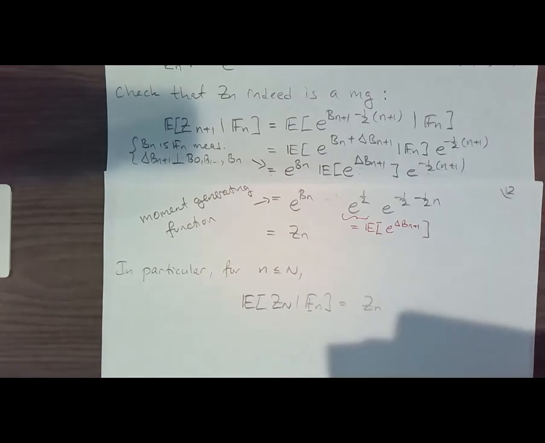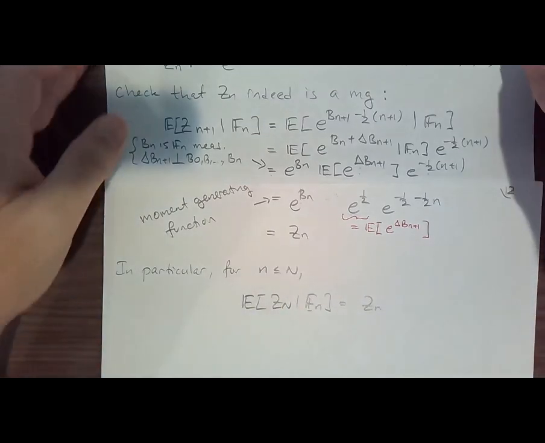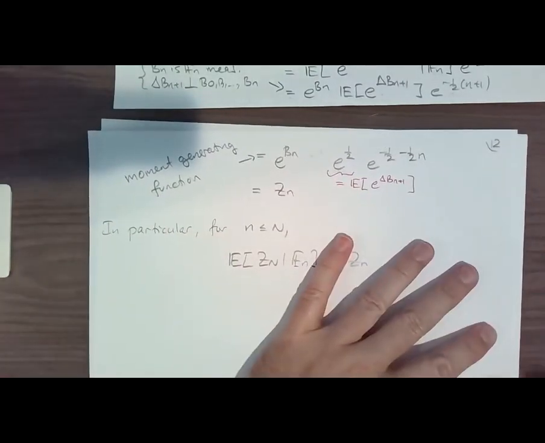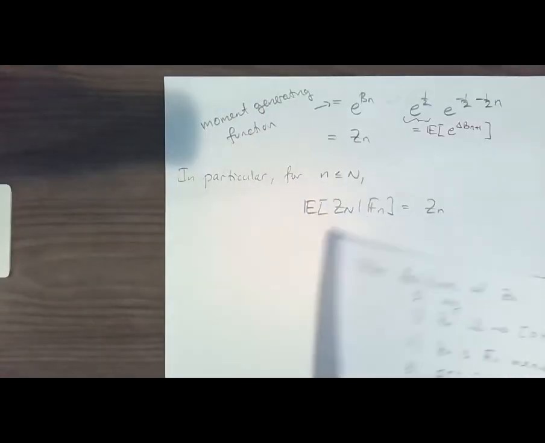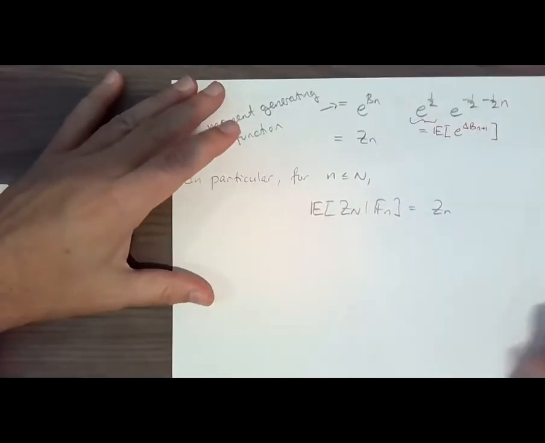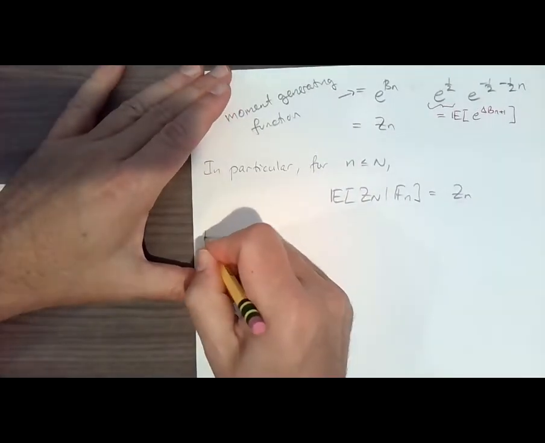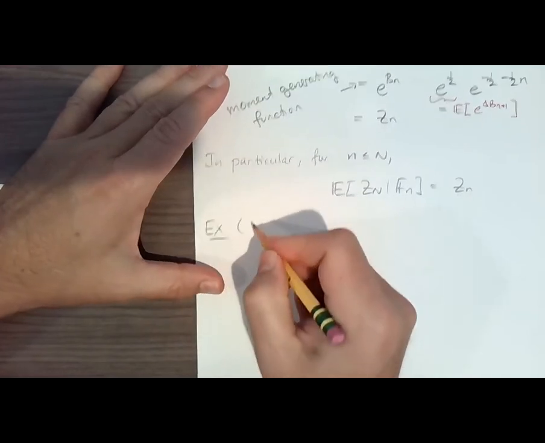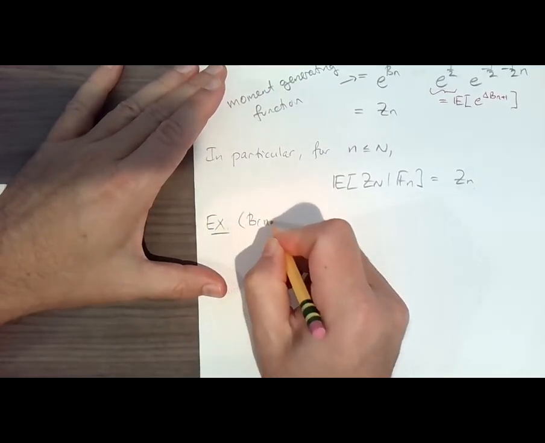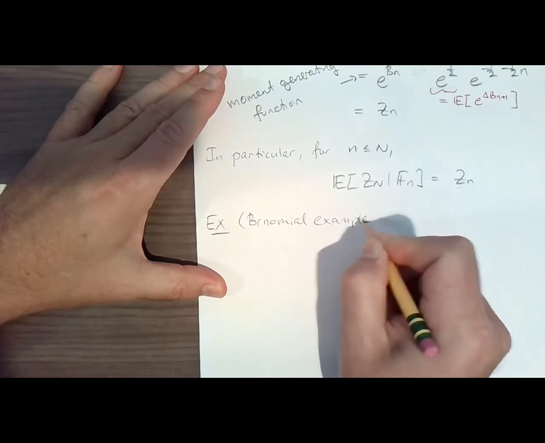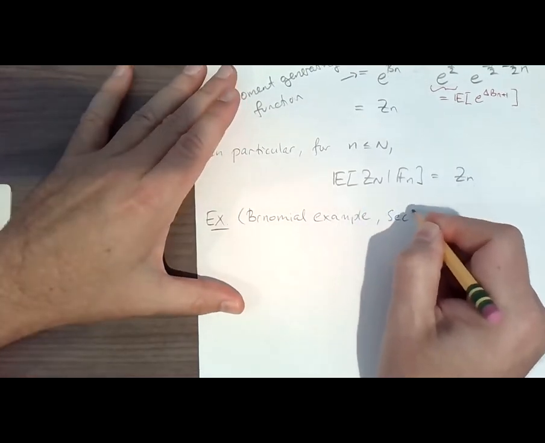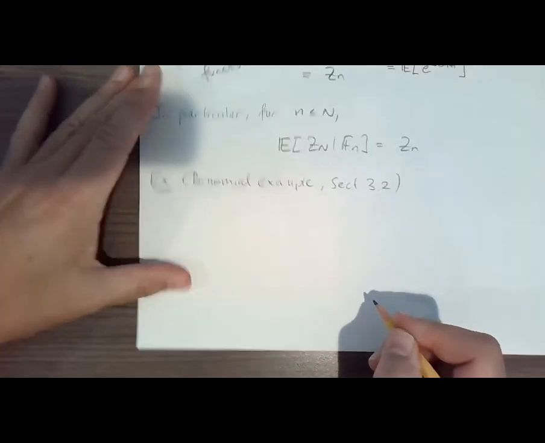I have 2 more prepared, so let's try to do another one. This one here is also going to be in one of the homeworks. So, another one. This is going to be our binomial example, and you can find it in section 3.2.